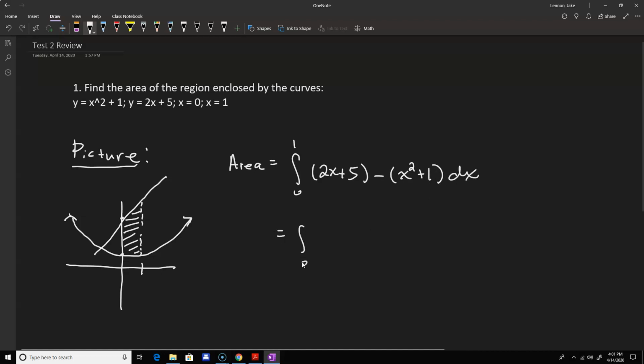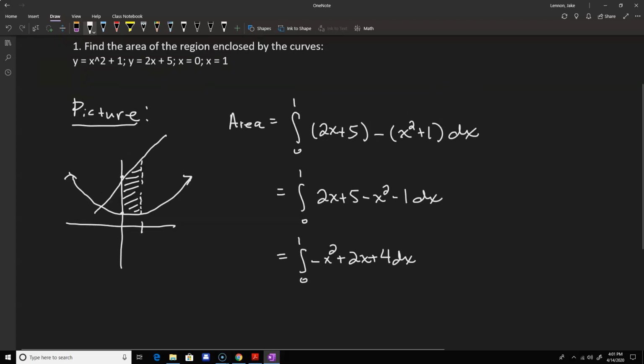So we get the integral from 0 to 1 of 2x plus 5 minus x squared minus 1, distributing the negative. So this is the integral from 0 to 1 of minus x squared plus 2x plus 4. So we take the antiderivative and evaluate.